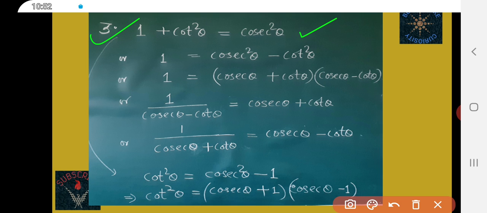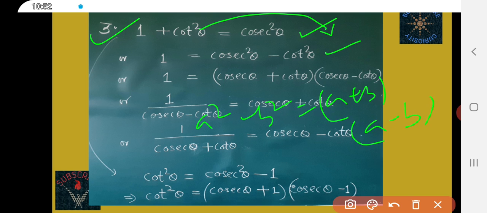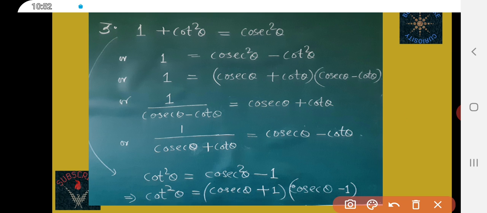Okay, so you take this to the right side, then you get cosec square theta minus cot square theta, and using a square minus b square is equal to (a plus b)(a minus b), you can write this as (cosec theta plus cot theta)(cosec theta minus cot theta). Here a is your cosec theta, b is your cot theta.